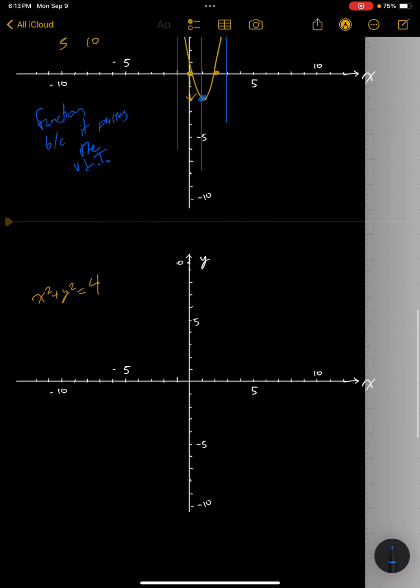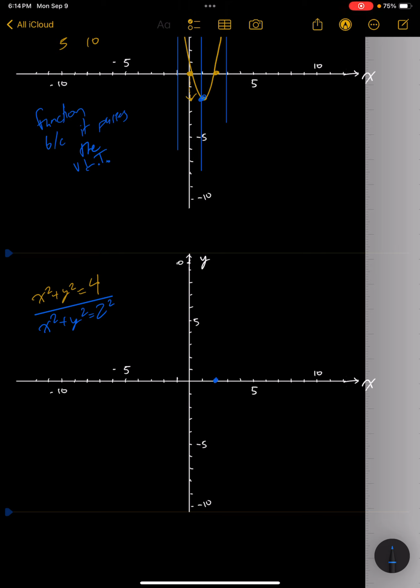And finally, we have x squared plus y squared equals 4. If you're not familiar, x squared plus y squared equals 2 squared is the formula for a circle with radius 2.